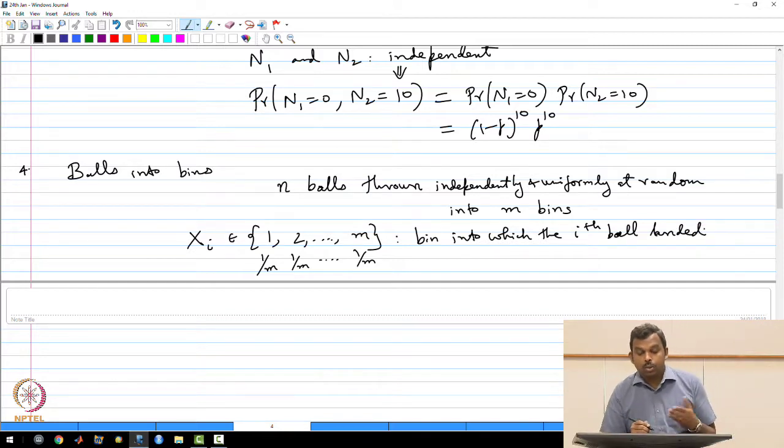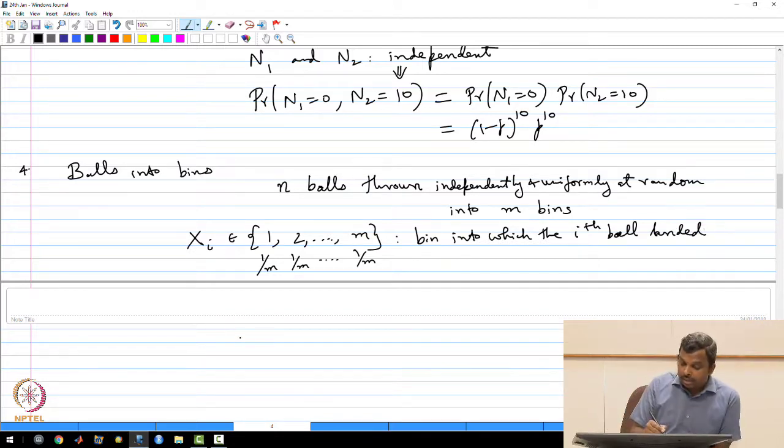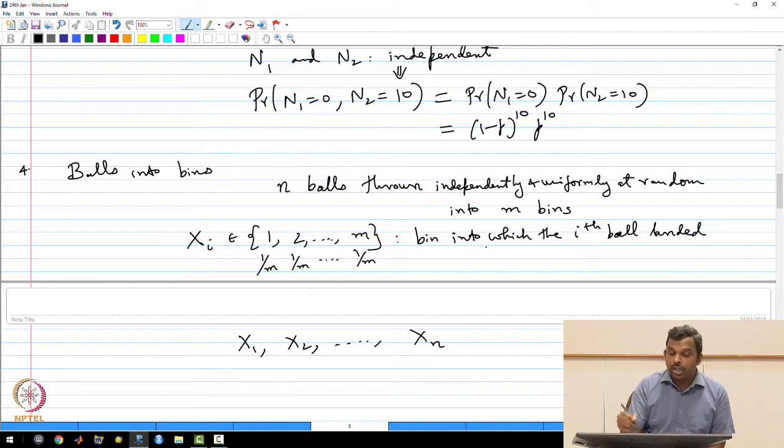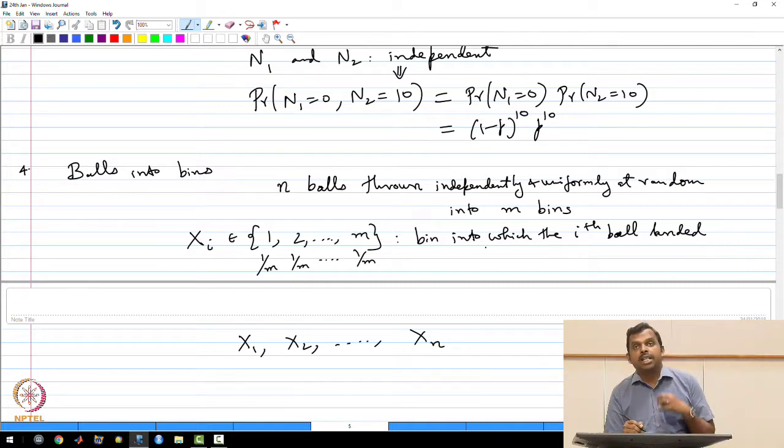So now I have a sequence of random variables x1, x2, up to xn, with xi denoting the bin into which the ith ball landed. So this is an IID repetition. Each xi is uniform and takes m values 1 to m, each with probability 1 by m. So this balls into bins is like an IID repetition in this sense.